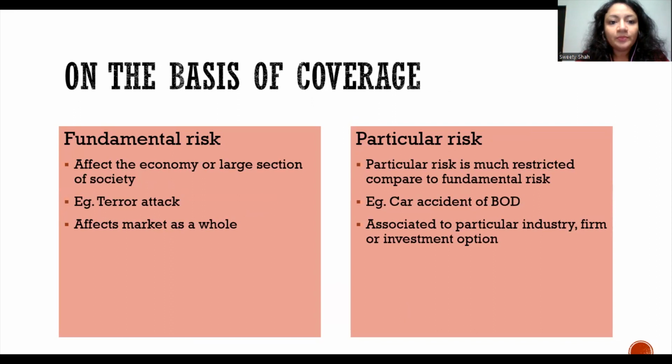So the impact of particular risk is much restricted as compared to fundamental risk. For example, loss due to a terrorist attack can be considered as a fundamental risk because its coverage would be much wider.